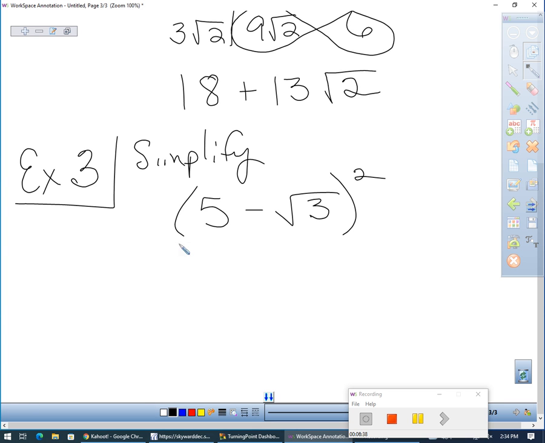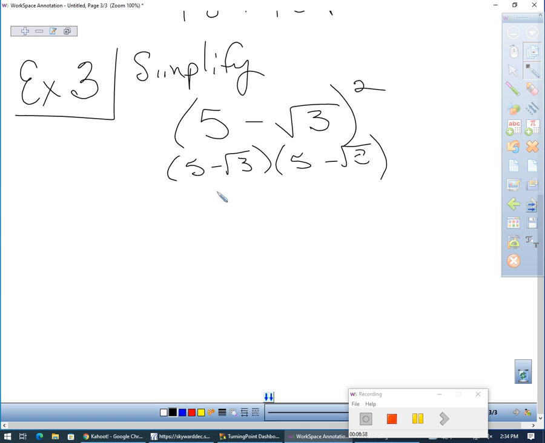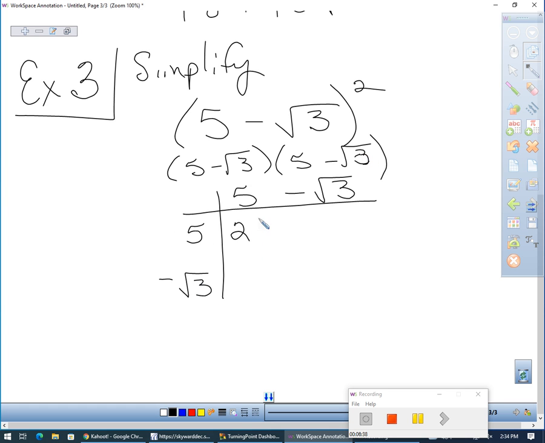Yeah, this actually is saying we have 5 minus the square root of 3 times 5 minus the square root of 3, right? That's what that means, so we're going to throw it in the box. So 5 minus the square root of 3, and we're going to times by 5 minus the square root of 3. 5 times 5 is 25.